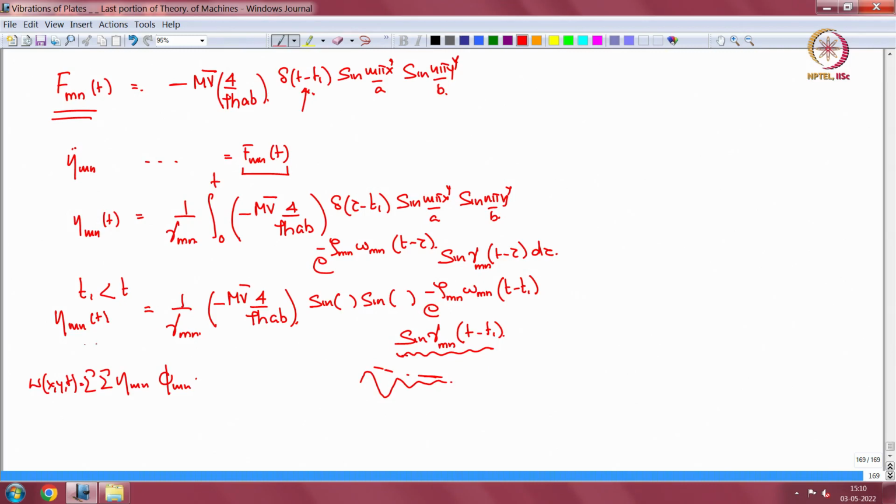Per mode, for every mode it is like that. For every mode that is contributing, every mode eta mn is a single mode. Here we are summing up a mode. So if we look at it mode by mode, then there will be some constant in front, there will be an oscillation in time, then a decay. So every mode will decay like that. Okay, so that is your impact.